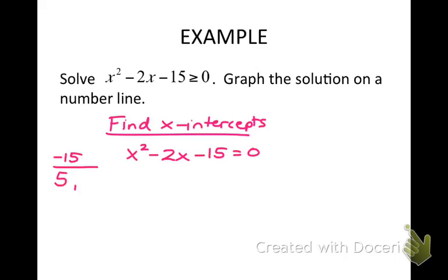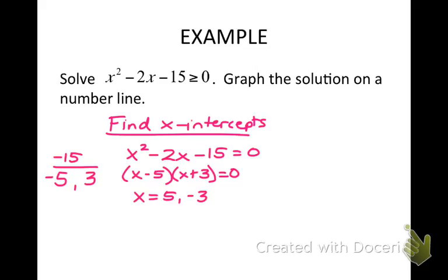Which one's the negative? 5 is negative. So we get x minus 5, x plus 3. We could easily have completed the square there, it just would have been a little bit more work. So what will be my x-intercepts? Positive 5, negative 3. Good.